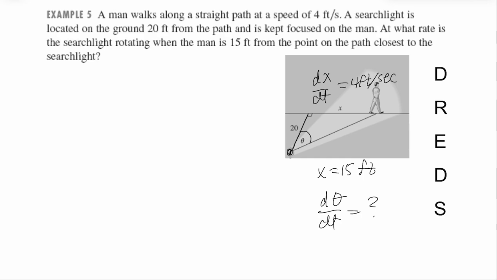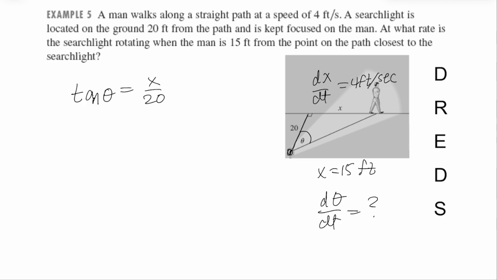Now, let's think about a relationship between an angle and the side of a right triangle. We're going to have to use one of our trig functions. Which one uses opposite and adjacent? The tangent. So I know that the tangent of theta is always going to be x over 20.